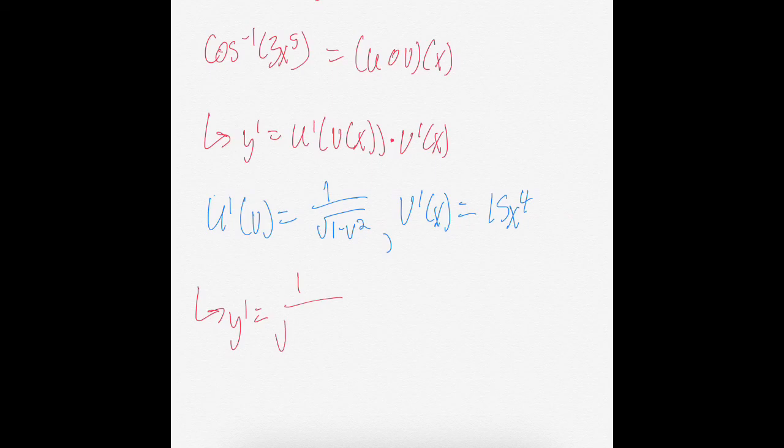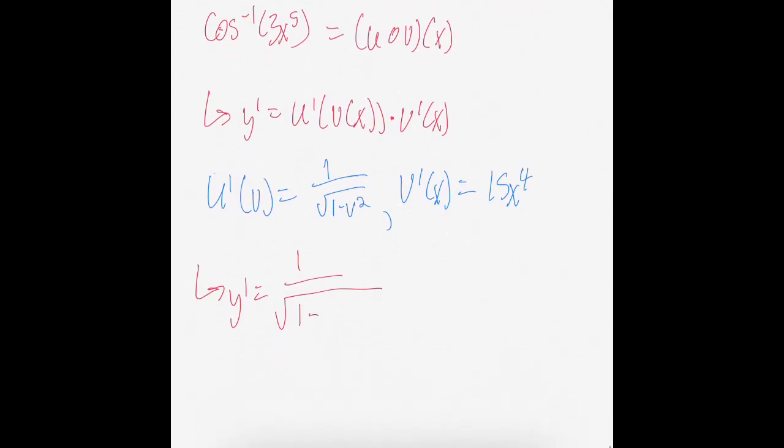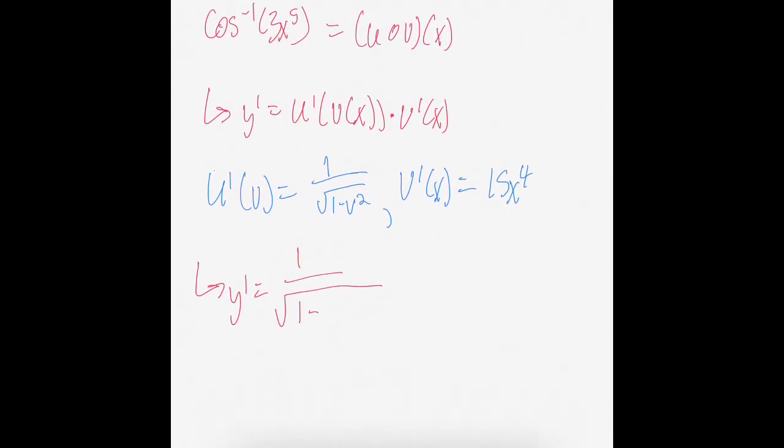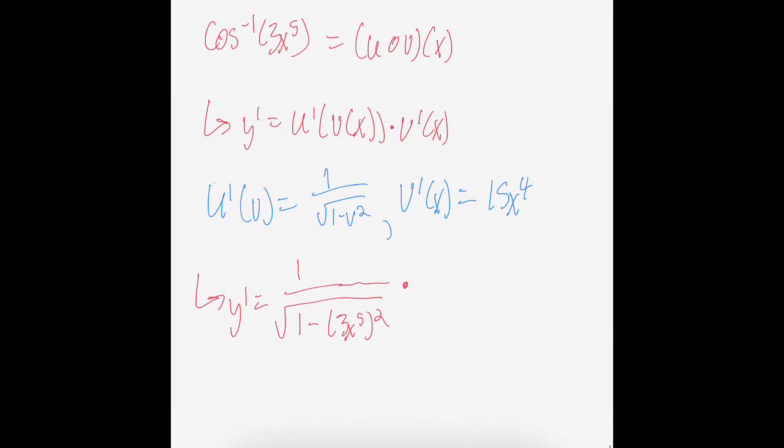And so the derivative which we end up with is y prime equals, okay, u prime says do 1 over square root of 1 minus, and then for v, we're plugging in v of x, which is 3x to the 5th. So minus 3x to the 5th squared.